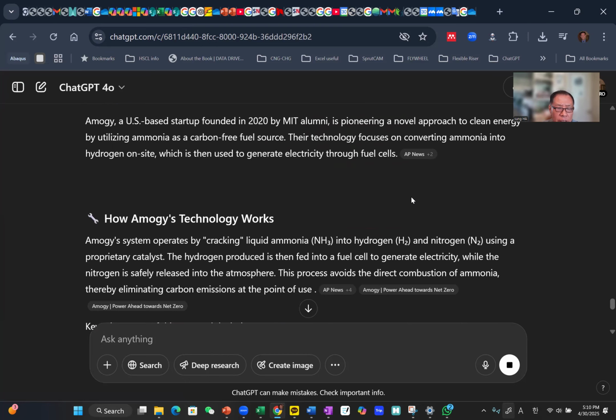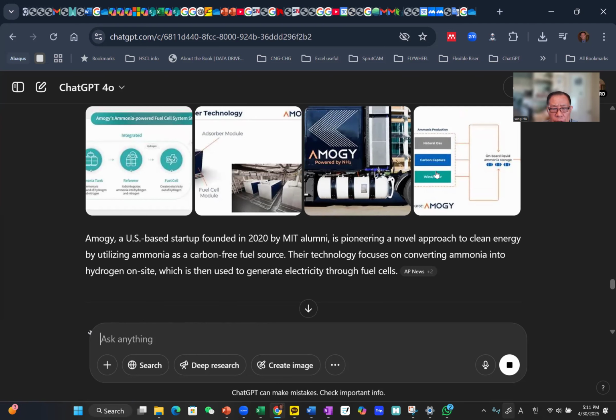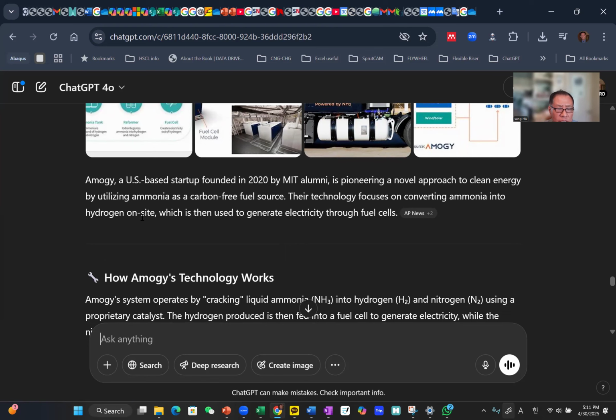It's a pioneering novel system. How does it work? We don't want to go into detail, but let's just browse it. Their technology focuses on converting ammonia into hydrogen on-site. This is an important word, on-site, which is then used to generate electricity through a fuel cell.